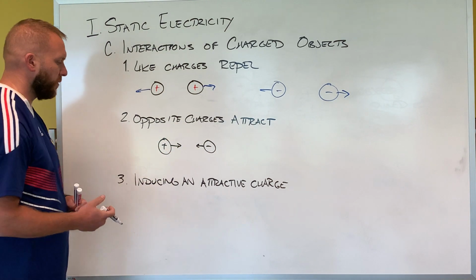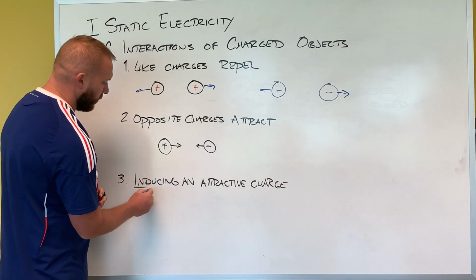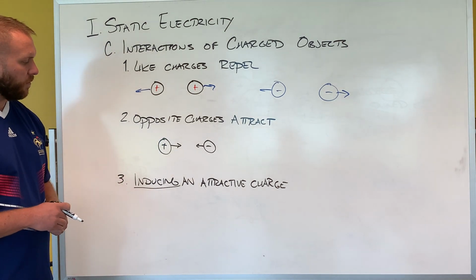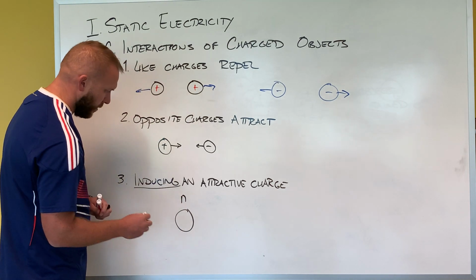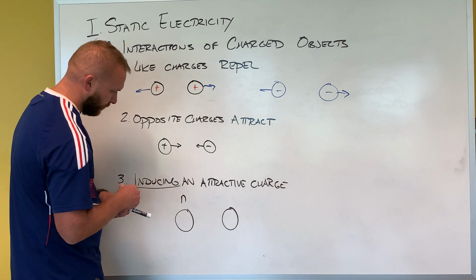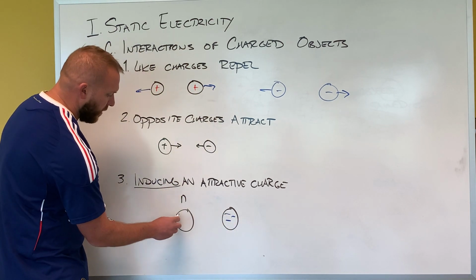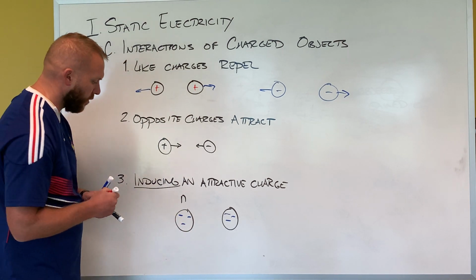And then we have a third circumstance, which is not something that we typically think about, which is that we can induce, to cause something to become charged. Something like that is if we have something that is maybe neutral initially, and then we have something that is negatively charged. This thing that's neutral still has positive and negative charges in it.